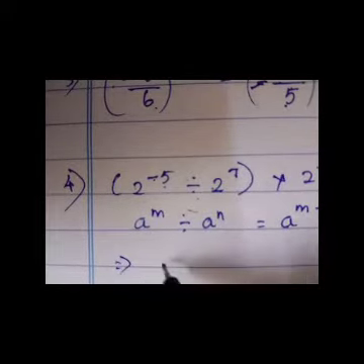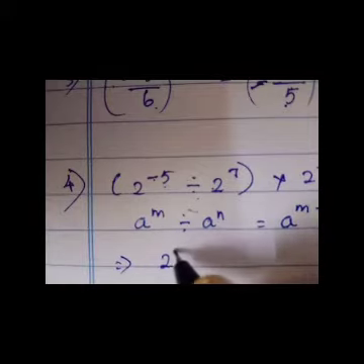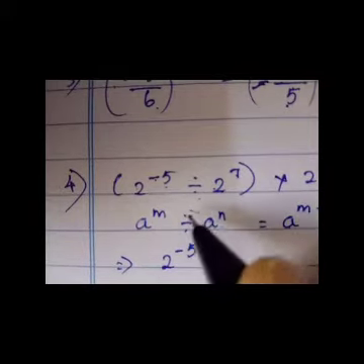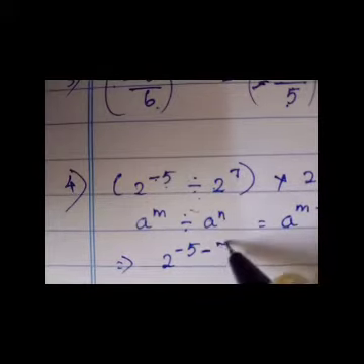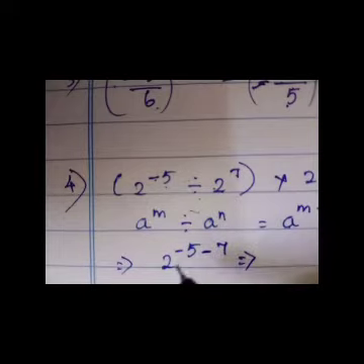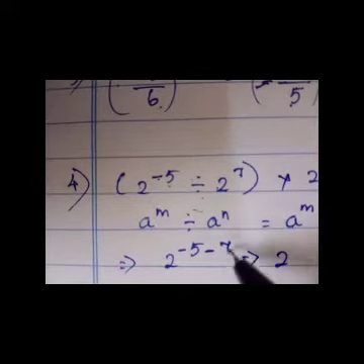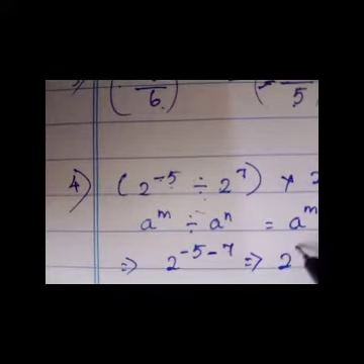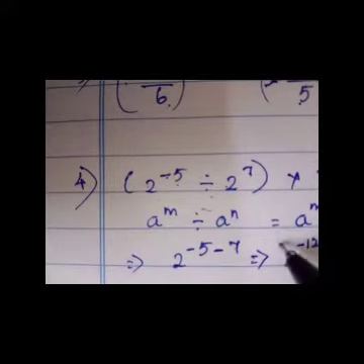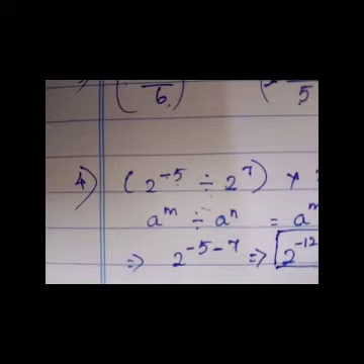So here 2 power minus 5, as it is in the division, you have to minus the power. So minus 7, which is equal to 2 power minus 12, since 7 plus 5 is 12. So we simplify the bracket.